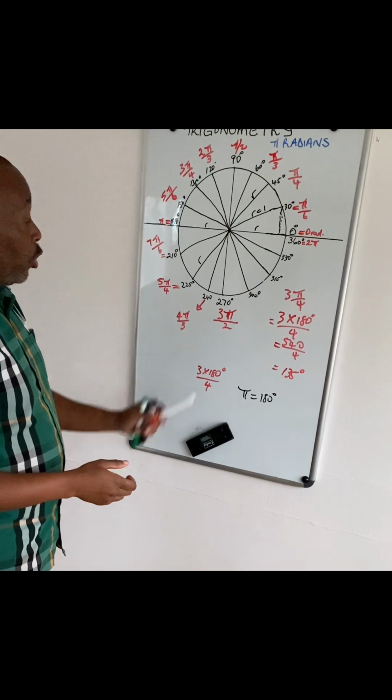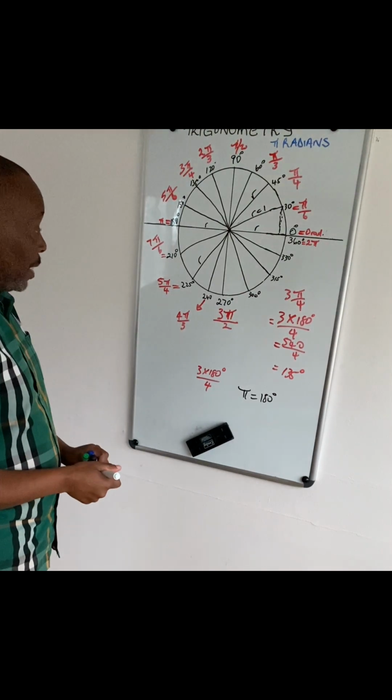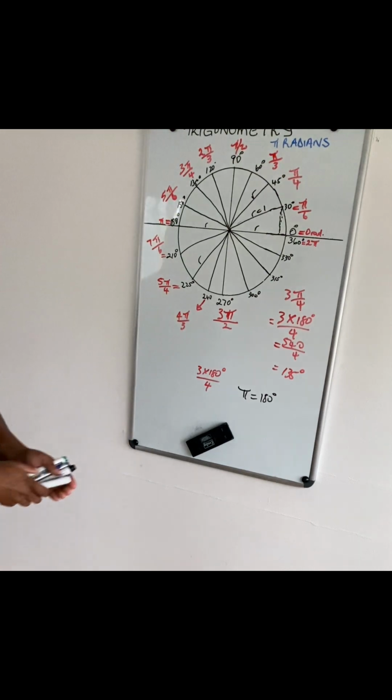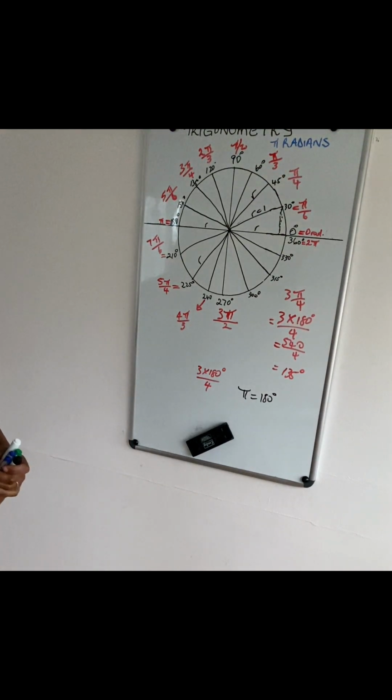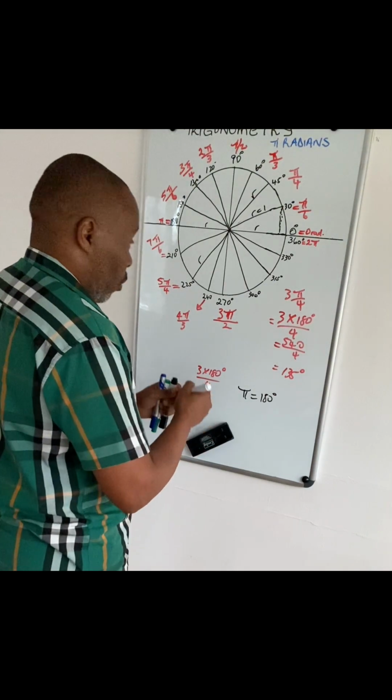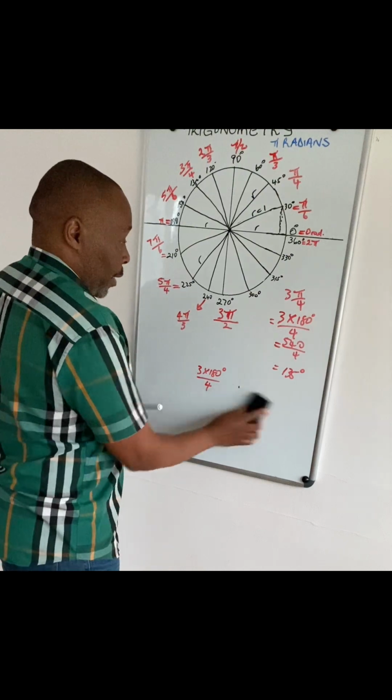And then we come to this one now, which is 300. Is it not 5 pi over 3? Let's check. 5 times 180, let's divide by 3, it's 300. 5 pi over 3 would equal this.